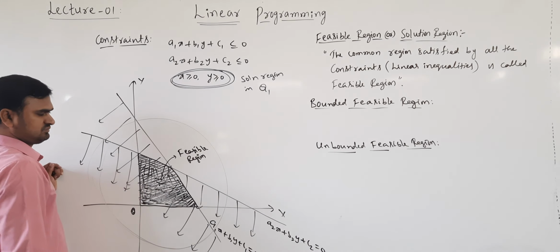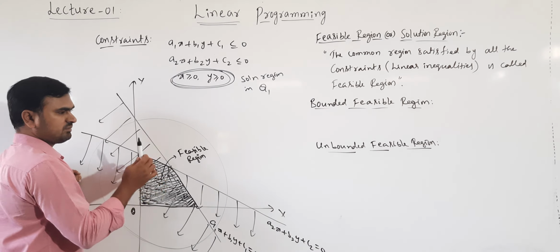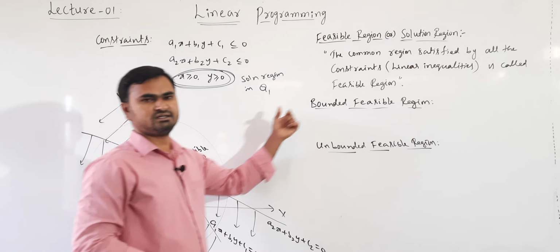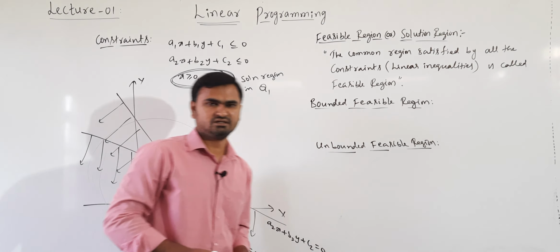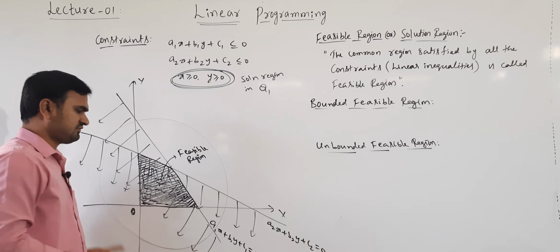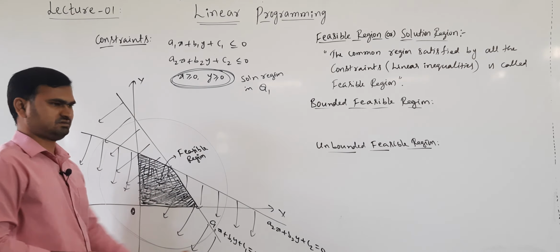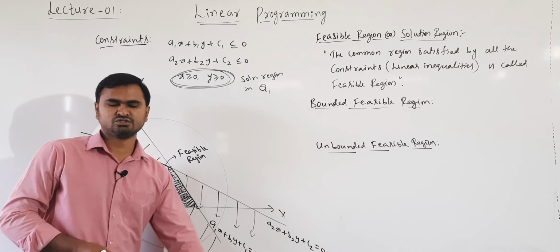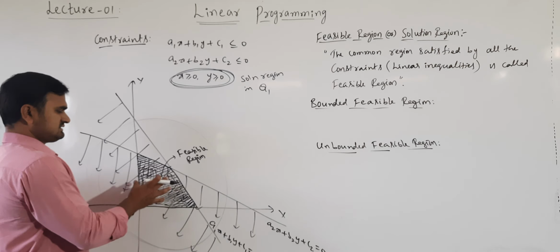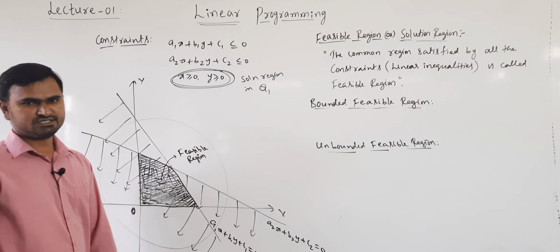Suppose I take a circle, so this can be enclosed in the form of a circle. So this is a bounded feasible region. If it is possible to enclose that feasible region within a circle or within a square, any closed shape we can take, then this is bounded in between these boundaries.